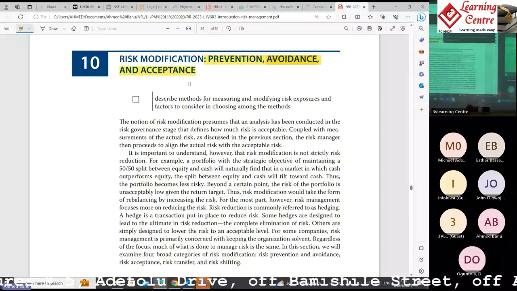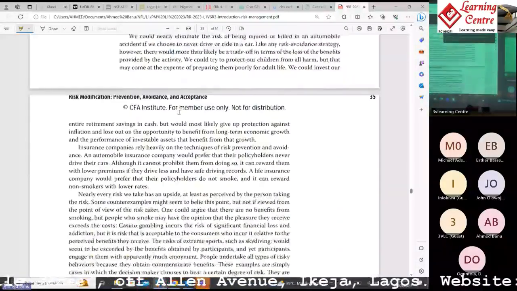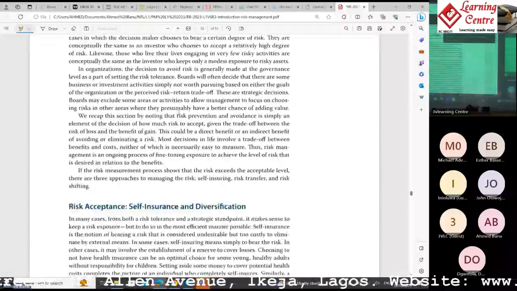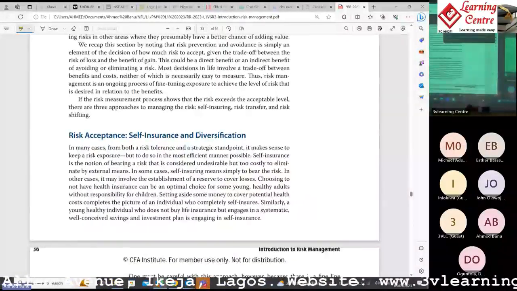When I accept it, I can now adjust my risk, which is where the modification comes in. So I can now modify the risk that I am seeing. The ways to modify include diversification, which they've added. Before, it used to be self-insurance.